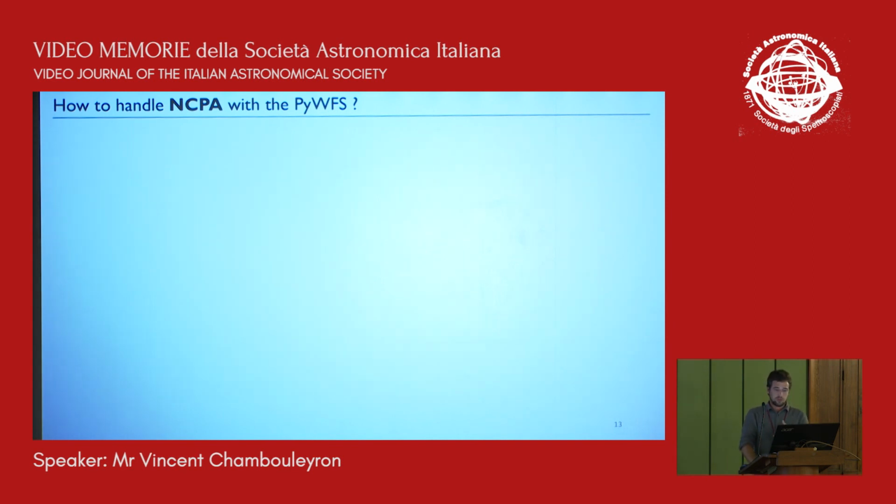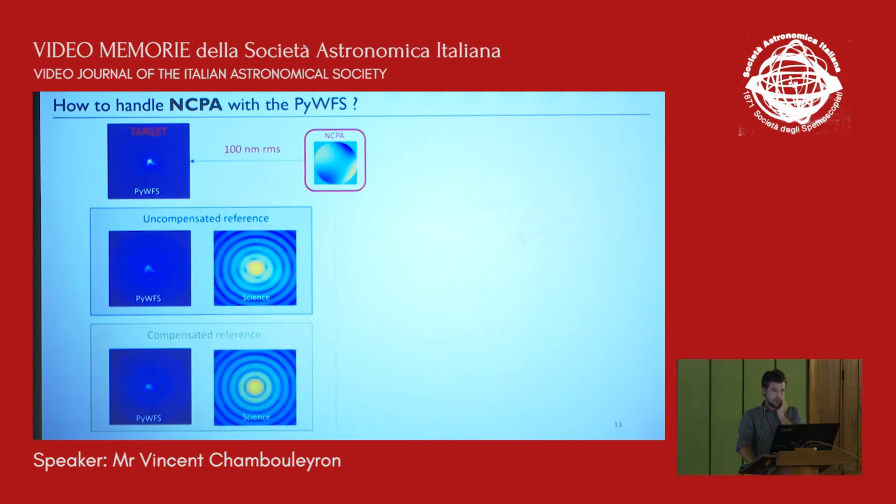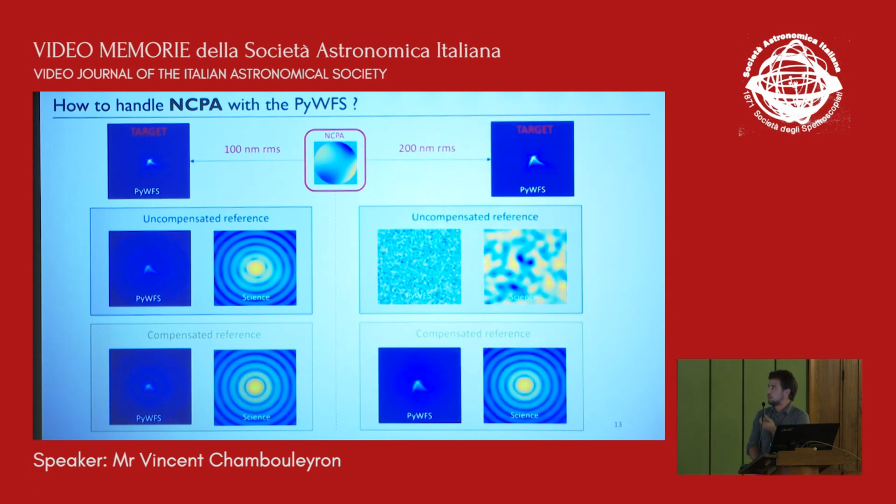So just to sum up this little example on the use of the modulation camera for NCPA handling: if we put small NCPA on the pyramid, even if we don't compensate the reference with the optical gains, we can converge towards something, but it will be something wrong. And if we have strong NCPA, it's even worse. We diverge if we don't take into account the optical gains. So that was an example of the use of the modulation camera.